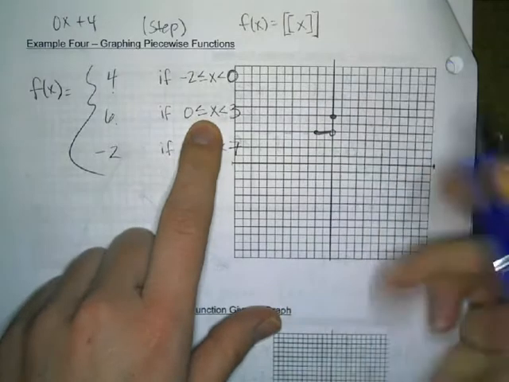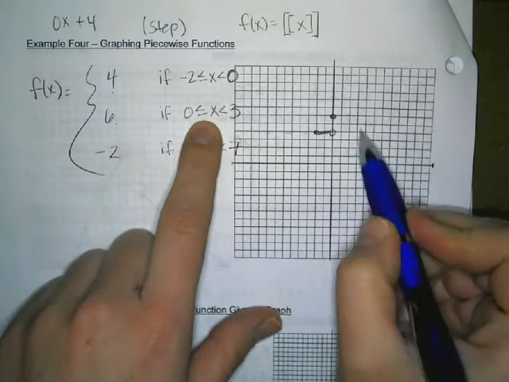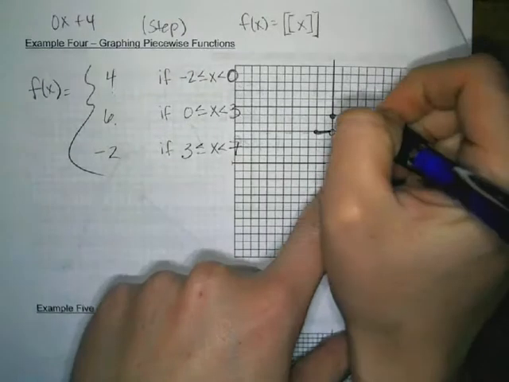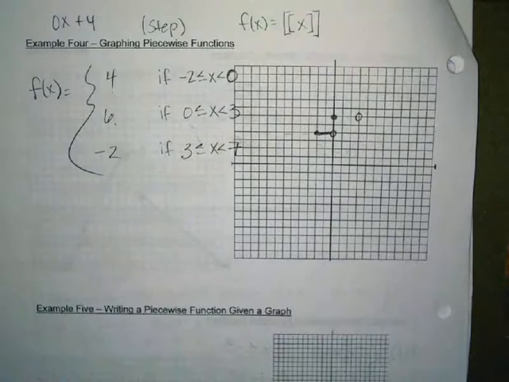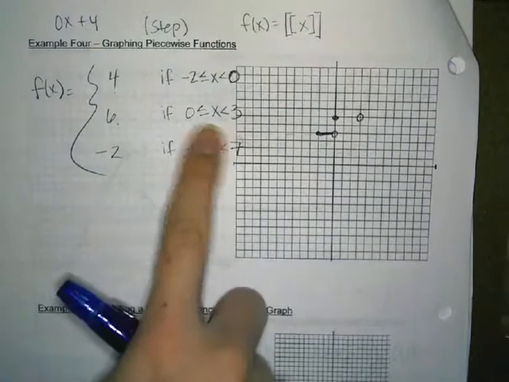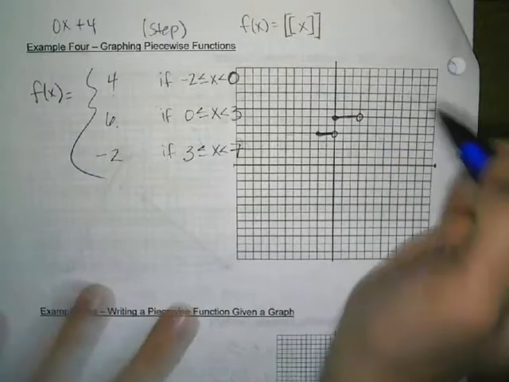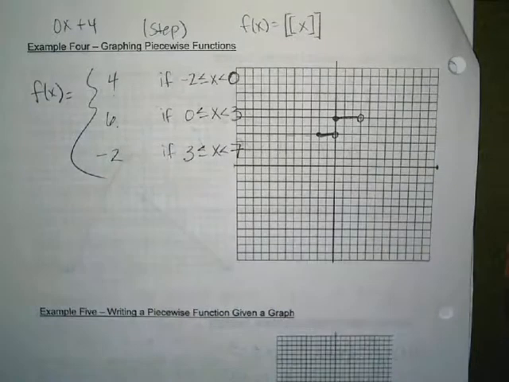And then at 3, we should have an open circle. Okay, and again, because this domain is asking for x values between 0 and 3, we're going to draw another little piece. Are you catching on to why this is called a step function? It's going to look like stair steps. They're all flat portions that you draw.